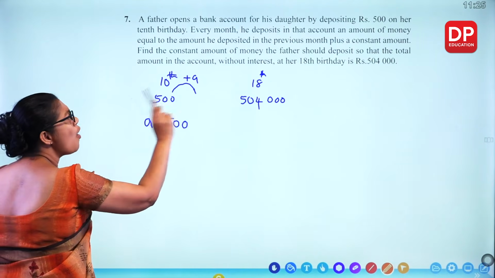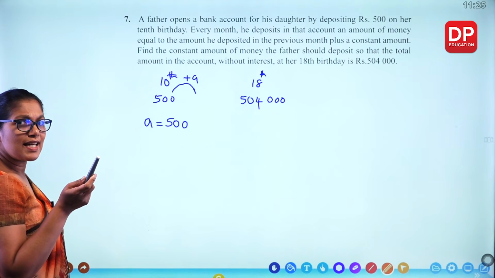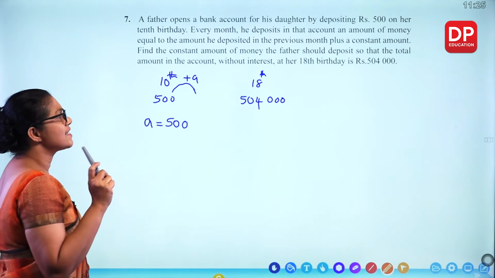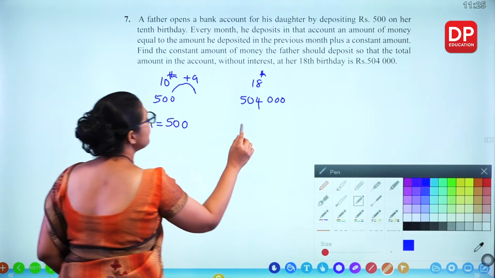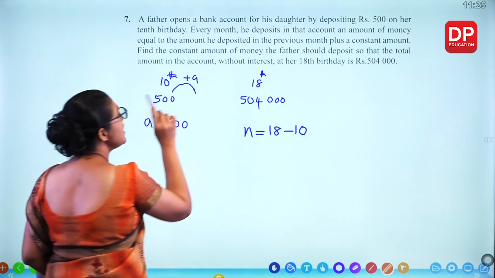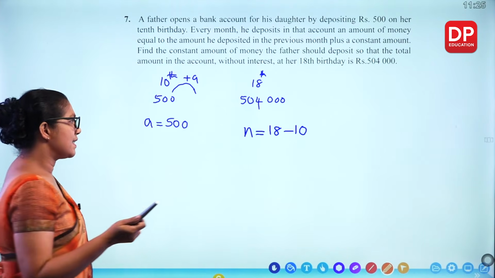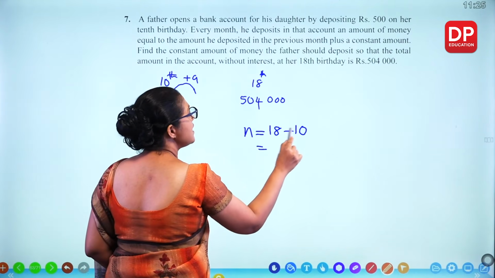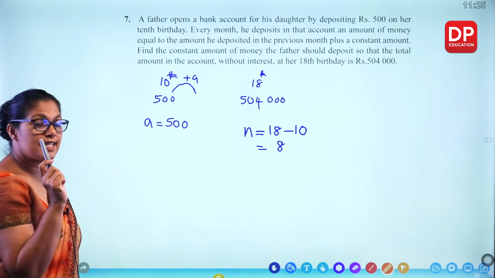So here how many years? 10 to 18? 8 years. N is 18 minus 10. We are not adding 1 because 18th birthday is not completed. So 18 minus 10, that's N years, 8 years.